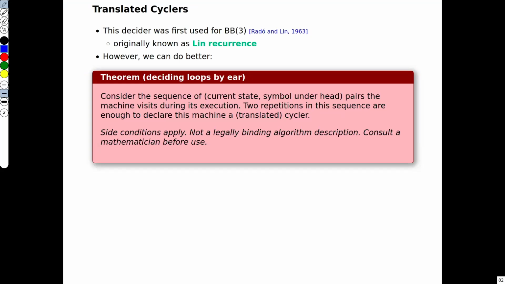We have this theory that this was actually quite important for the Coq proof, because there are a lot of cyclers and a lot of translated cyclers. So a bunch of computation needs to be done here, and this algorithm is much more memory efficient because it doesn't need to store the tape.